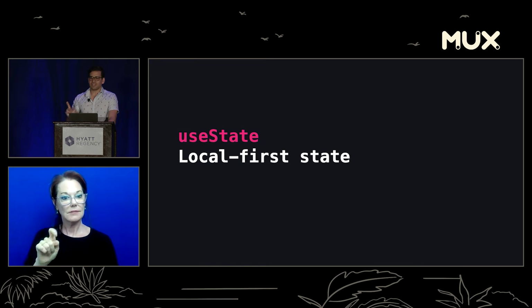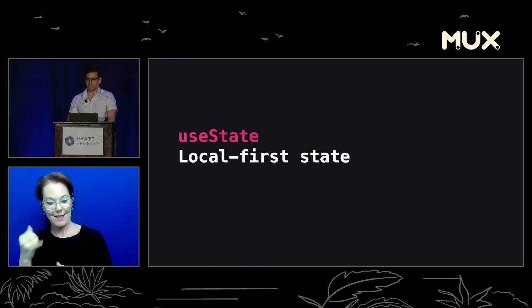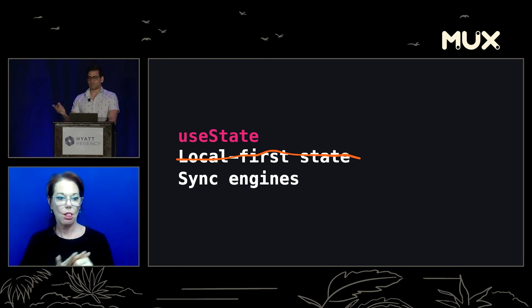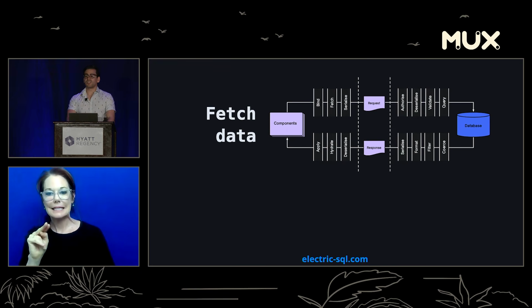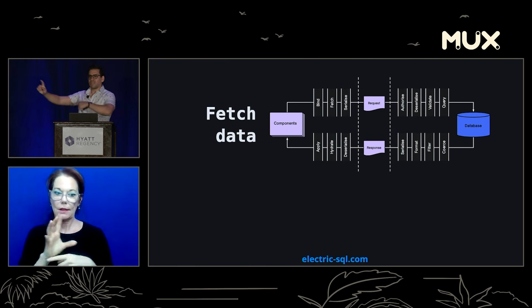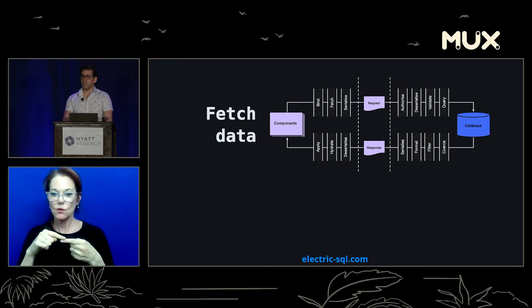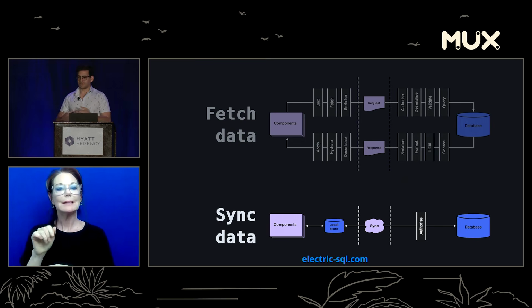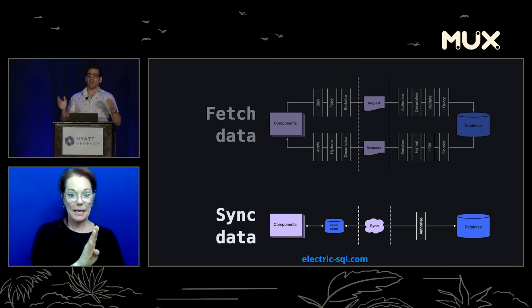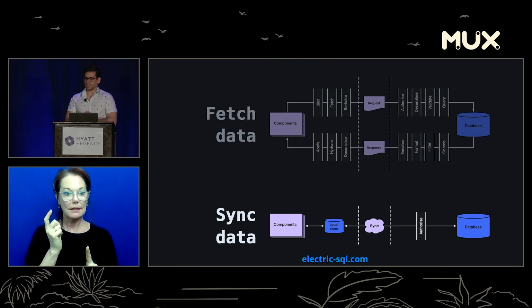And the last thing I really want to talk about quickly is local first state, or as we heard earlier, this is a sync engine. And sync engines are really awesome because instead of doing the round trip of fetching data, you essentially just sync data with your database, and things just happen automatically. Go look at the talk from earlier today on this.